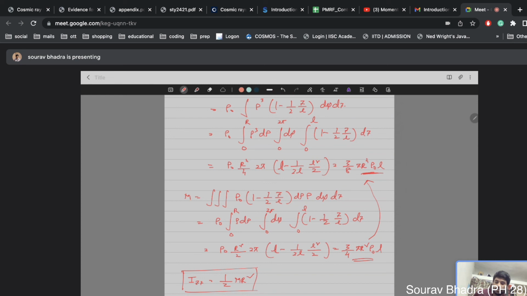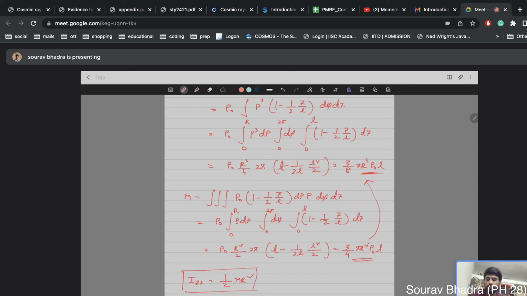Now in the next class we will do some physical problems using this moment of inertia tensor, like a cylinder put on a plane which is making some angle with the horizontal, and it is coming down from the top of the plane. This type of problem we will do with the help of this moment of inertia.